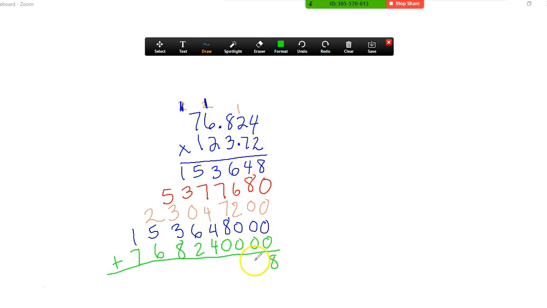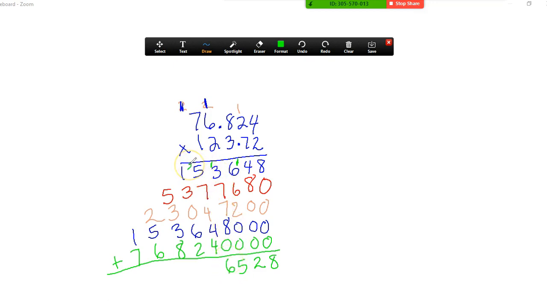We have 12. Carry the 1. We have 12, 13, 14, 15. Carry a 1. We have 14 here. 14 plus 4 is 18. 18 plus 8 is 26.